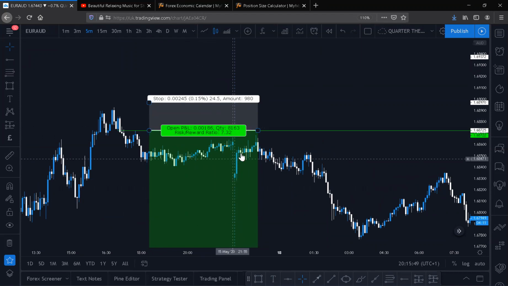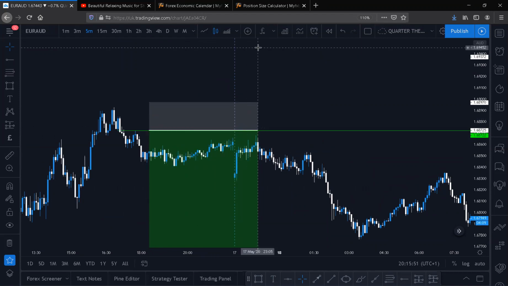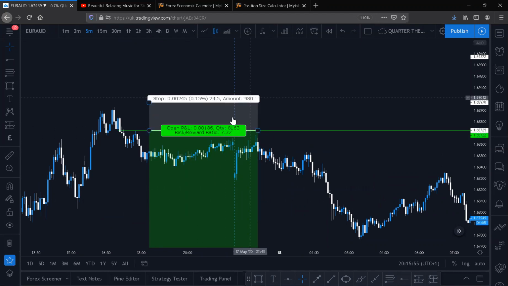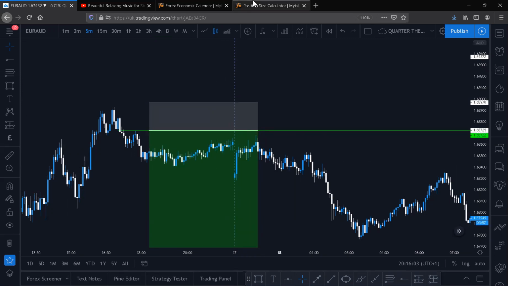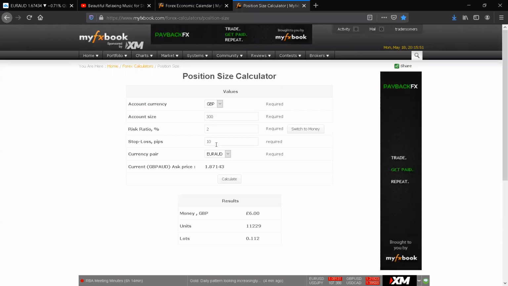But if you are risking 2%, which typically most traders do anyway, you're risking 2% of your account here to make a 14% return in your account down here. So the math says that every 10 pips it goes, you're actually going to be making £6.